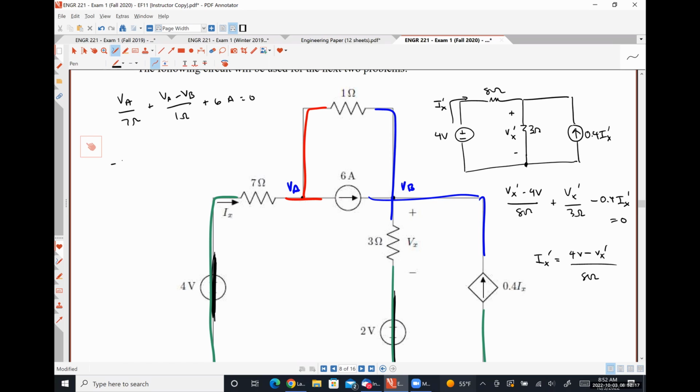And then we would have negative 6 amps plus VB minus VA over 1 ohm plus VB over 3 ohms plus minus 0.4 Ix equal to 0. And in this case, Ix is negative VA over 7. 3 equations, 3 unknowns, solve, solve, solve. VB and Vx double prime are the same quantity.